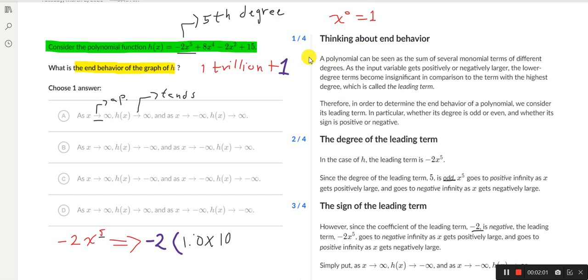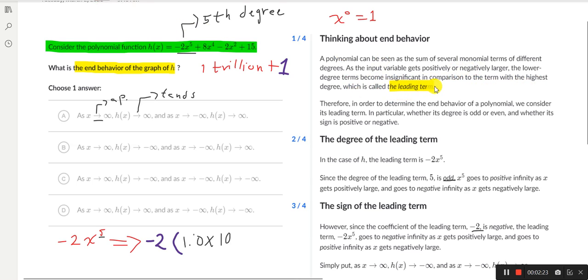As the input variable gets larger, positively or negatively, the lower degree terms become insignificant in comparison to the term with the highest degree, which is called the leading term.